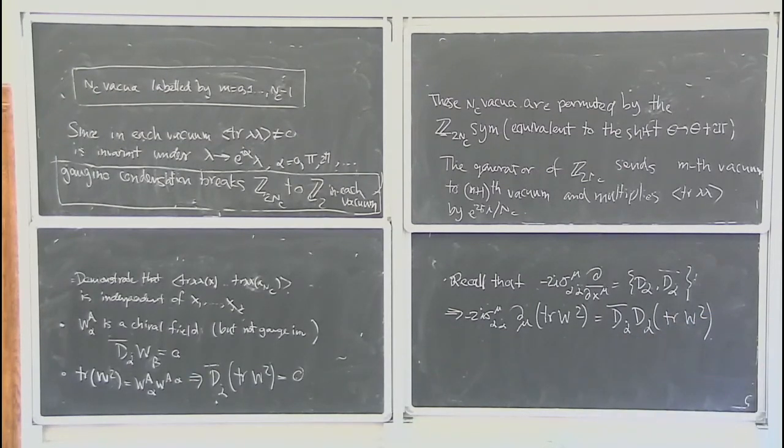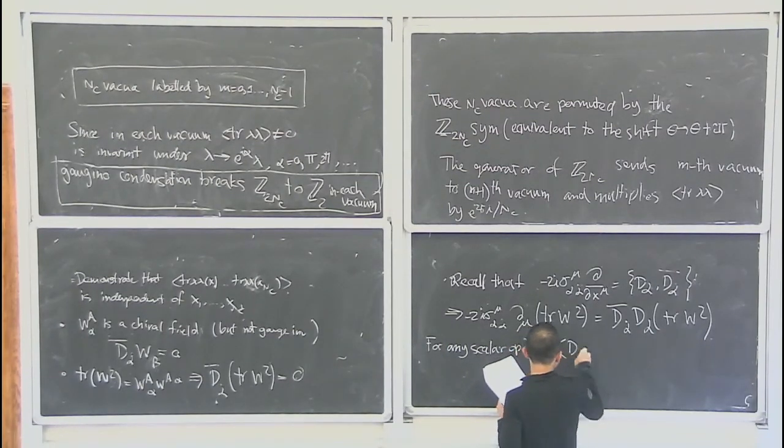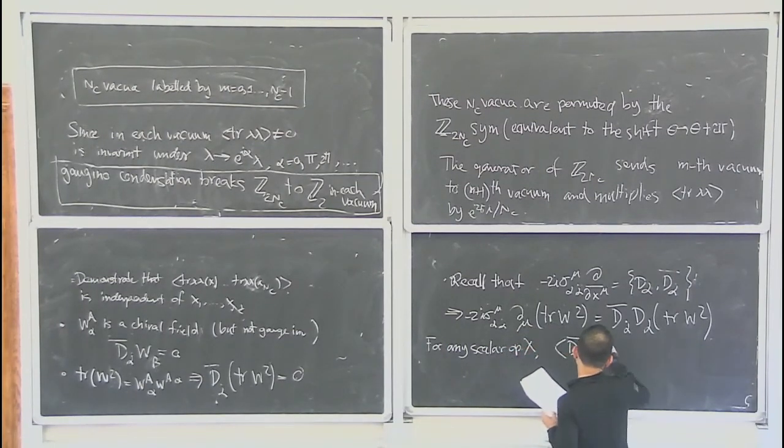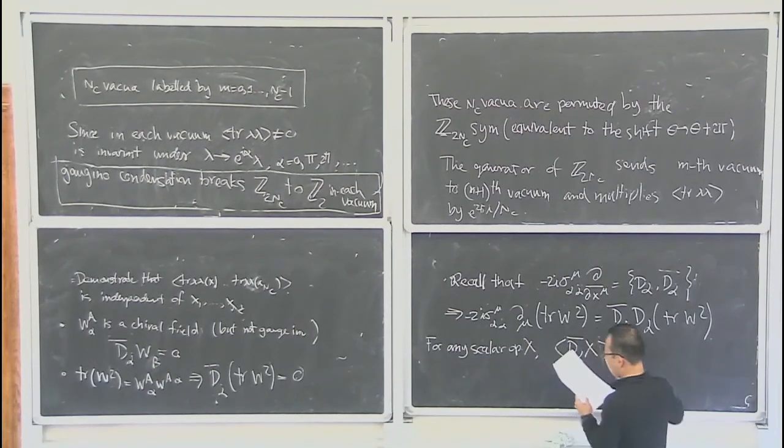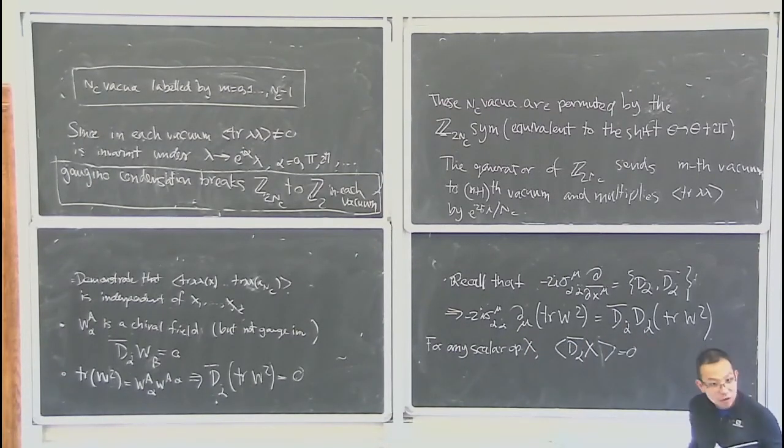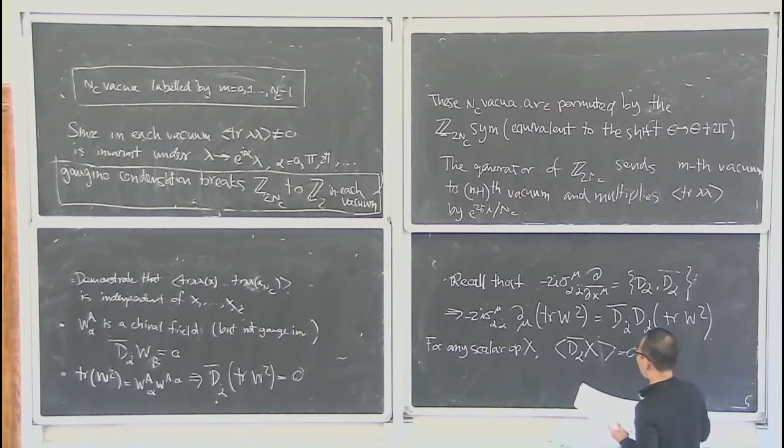Okay? For any scalar operator x, the one-point function has to be 0. Why? Because of Lorentz invariance. You cannot have an index because this is a scalar operator.